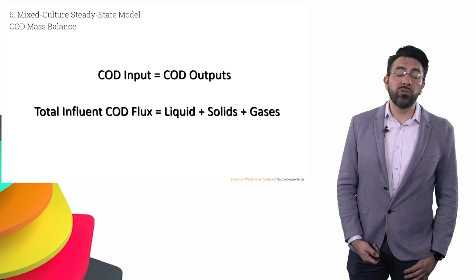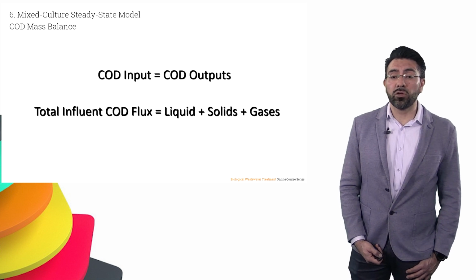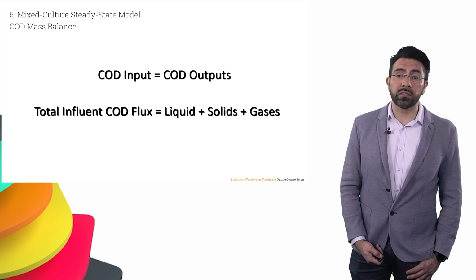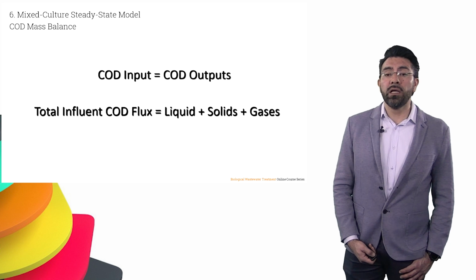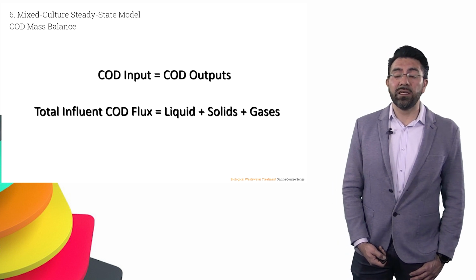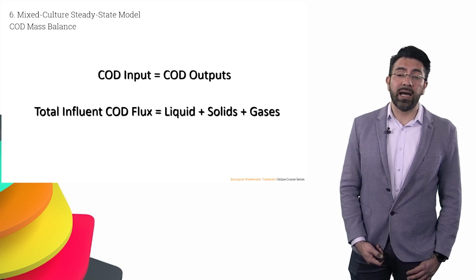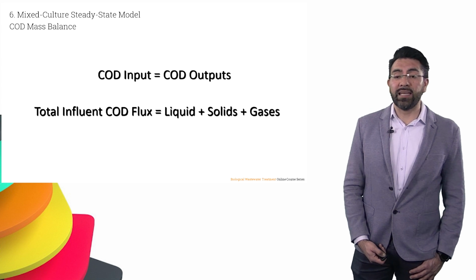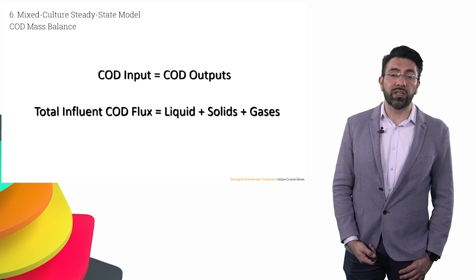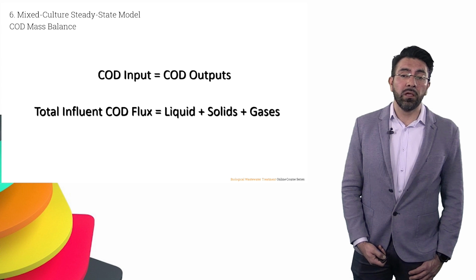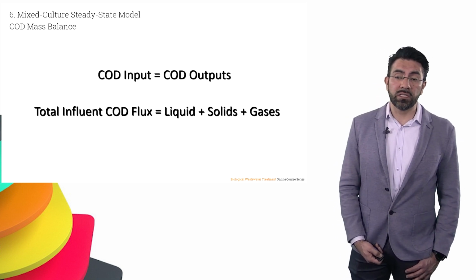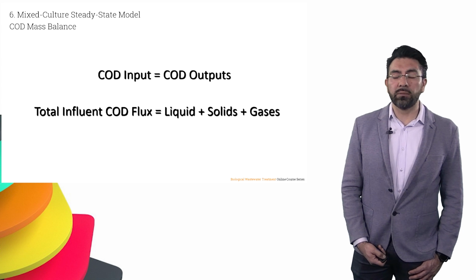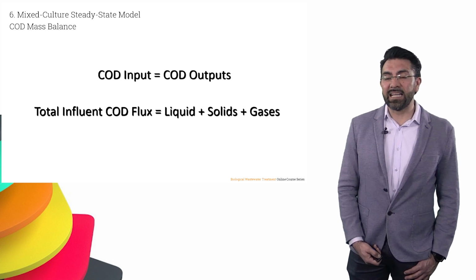The total amount of COD that our system receives is the total influent COD flux. Whereas the amount of COD leaving, well, this is not completely correct, but the amount of COD that leaves the system does it via the liquid, for example, via the effluent or the waste of activated sludge, the liquid part, via the solids, because we are removing part of the solids from the system, and it's not completely correct because it is via the gases.